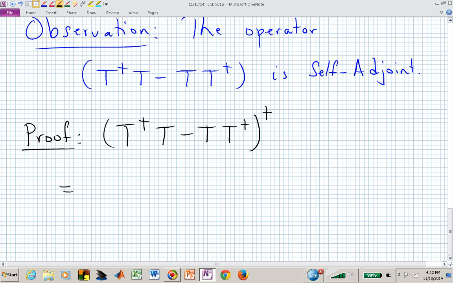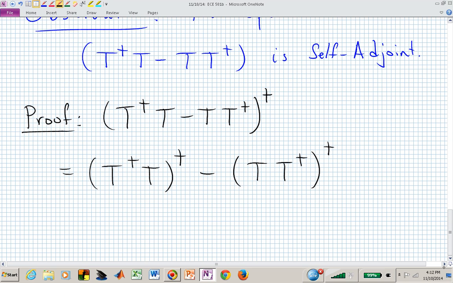So that now we have T dagger T dagger minus T dagger dagger. And what happens when we take the adjoint of T dagger T?